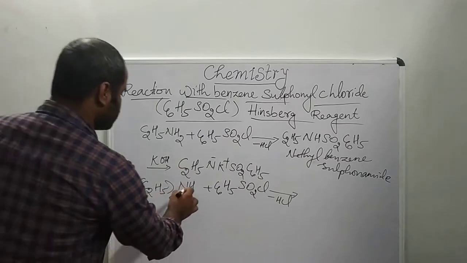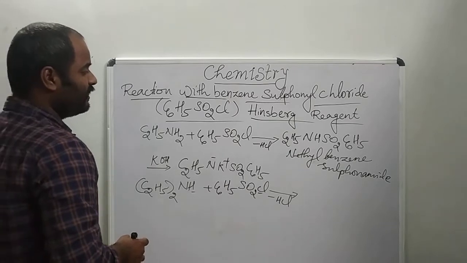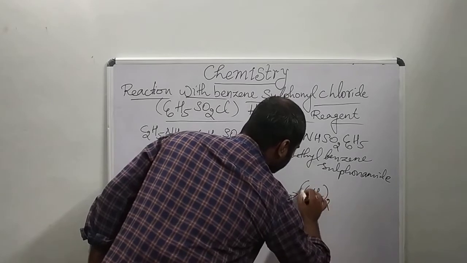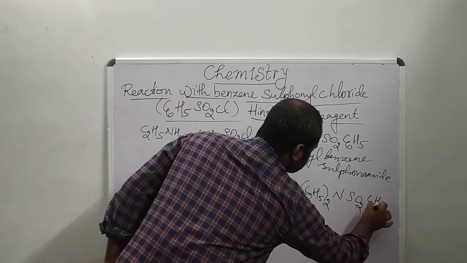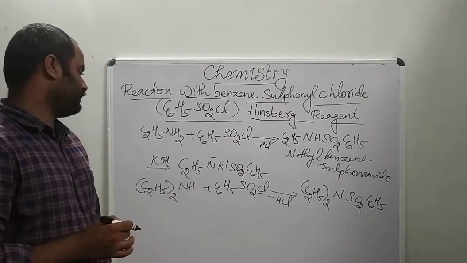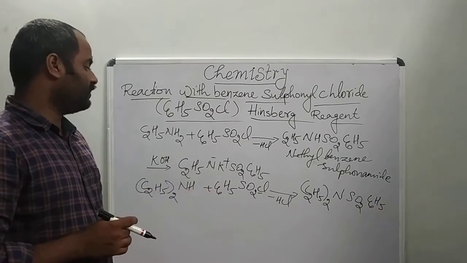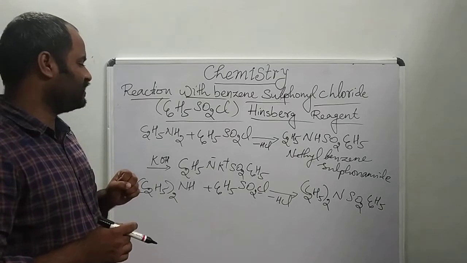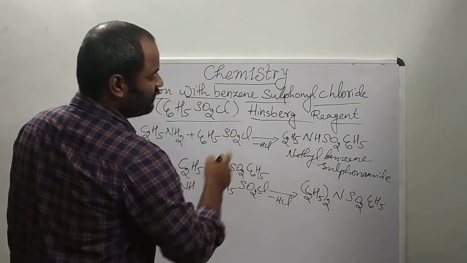C6H5SO2Cl. Here also HCl is removed and you get N,N-dialkyl benzene sulfonamide. That is (C2H5)2N SO2 C6H5. That is the product formed. Clear? That means secondary amines react with benzene sulfonyl chloride or Hinsberg reagent to give N,N-dialkyl benzene sulfonamide.